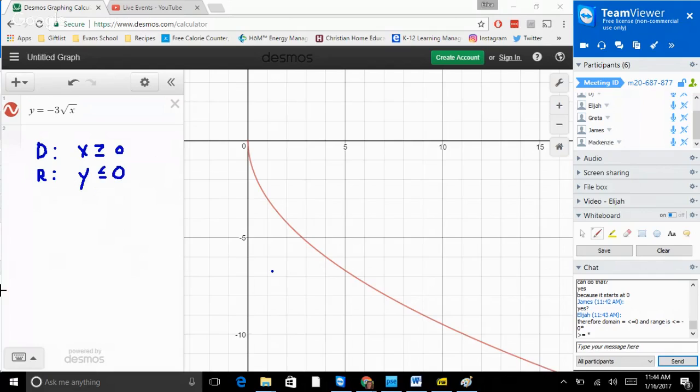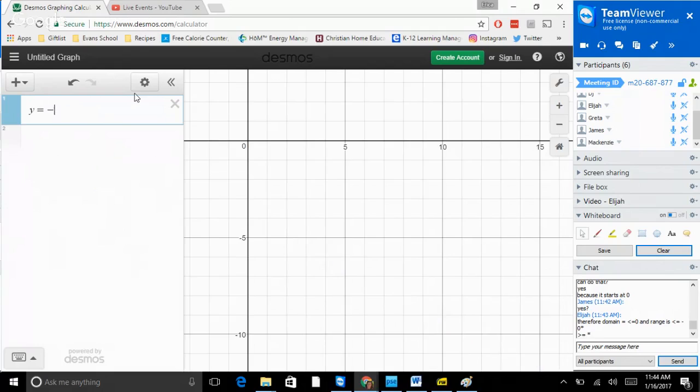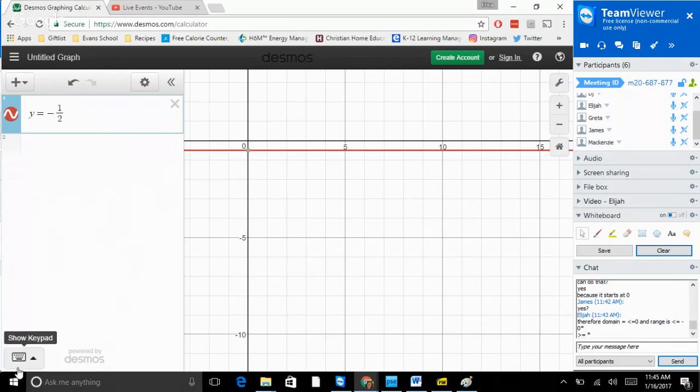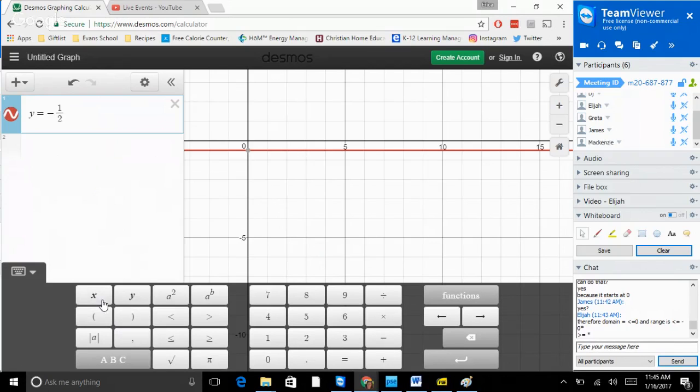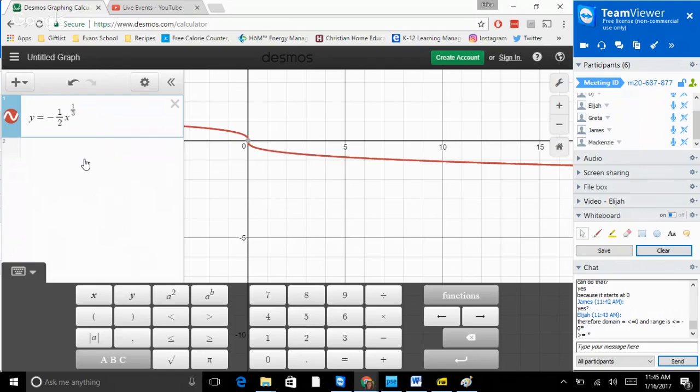Okay, so let's try example number 2, which is y equals -1/2 times the cube root of x. So several ways you could do this. Remember, you can write x to the 1/3 power, because that's one way to write cube root, or you can find it in Desmos.